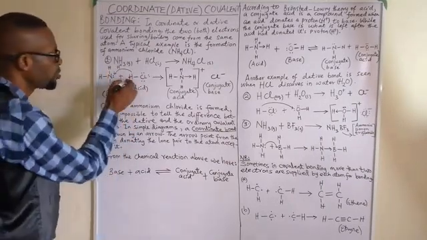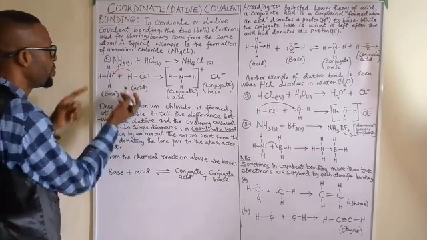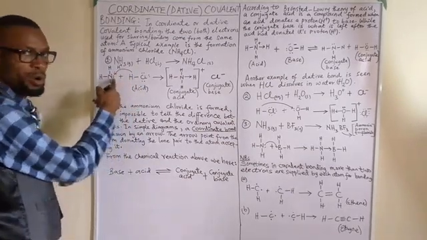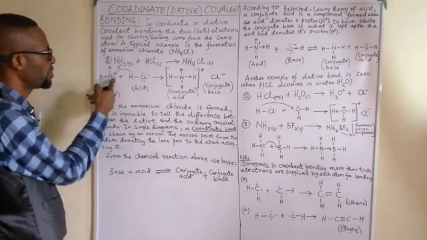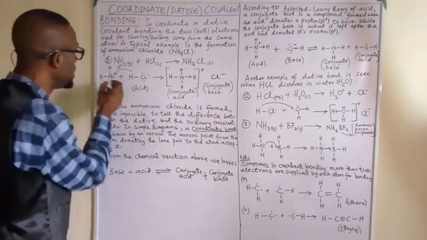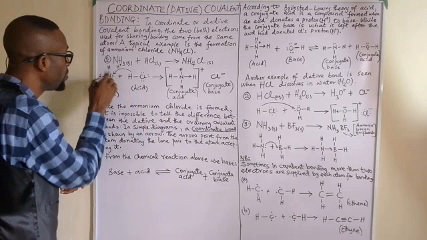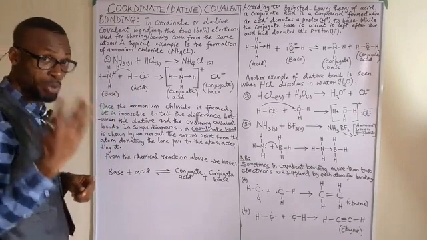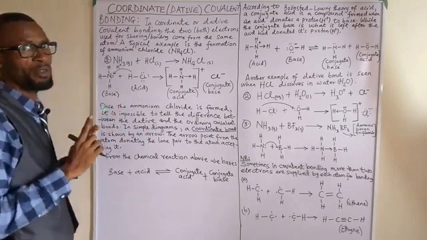So when the proton from this acid has been transferred onto the lone pair of electrons on the ammonia, the one lone pair of electrons representing those two electrons is enough to make a covalent bond.